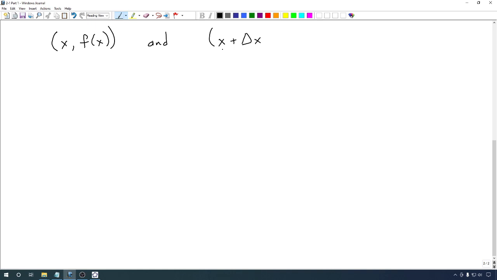So we're basically taking x and giving it a tiny little change. But then we're going to take this value and plug it into the function. That gives us another point on the curve, and if delta x is small, then that's a point that's relatively close to the one we're trying to work with.